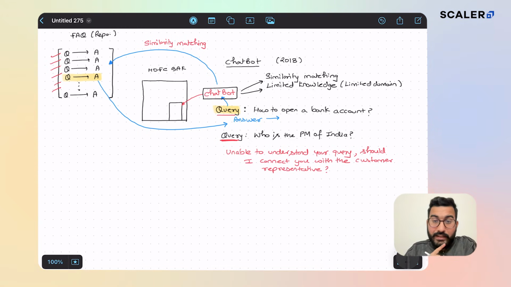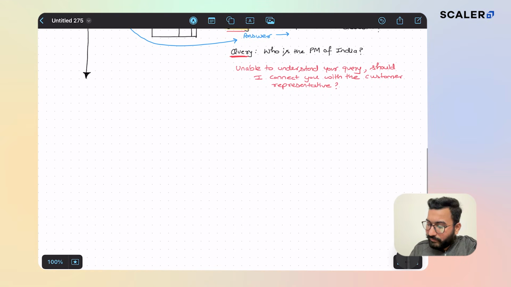And that is where scientists started thinking, can they somehow convert this domain specific chatbot to a generic or generalized chatbot? So that is where the next phase of innovation started. I'm just marking this. So this was the start of the next phase of innovation. Scientists were thinking about it.